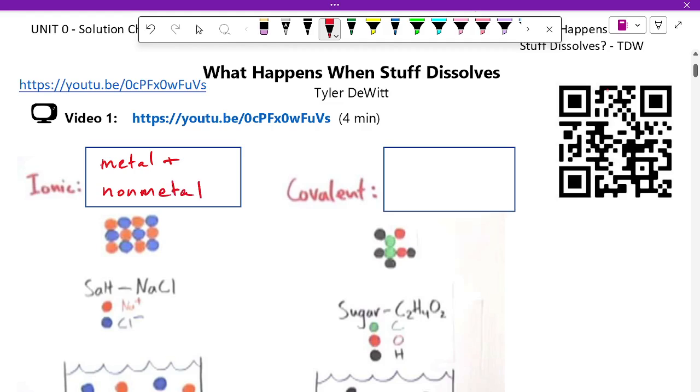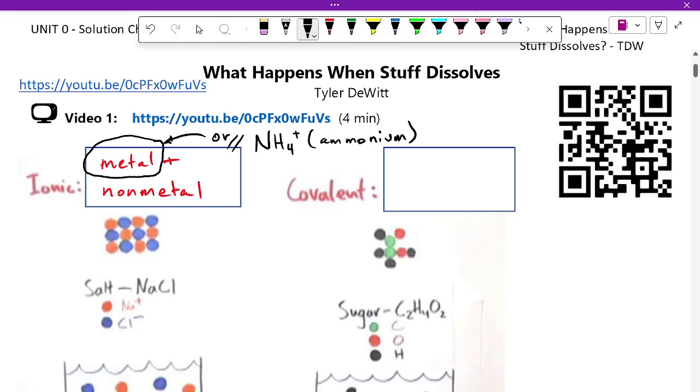What should we add here, though? We should add metal or what? Ammonium, NH4 plus ammonium. Okay, so that's your ionic.